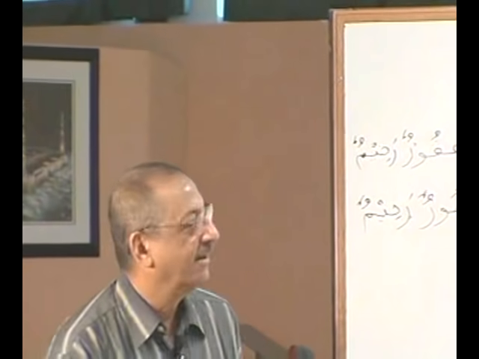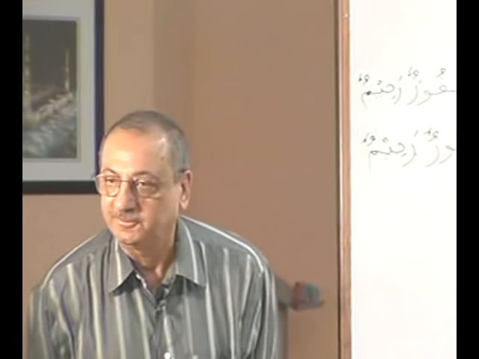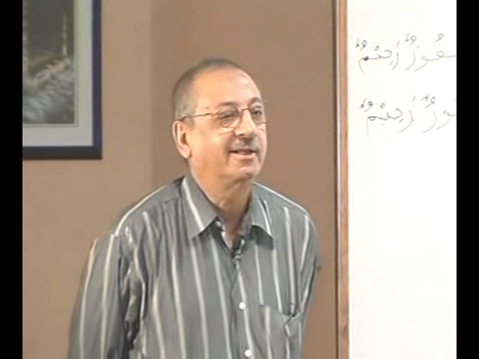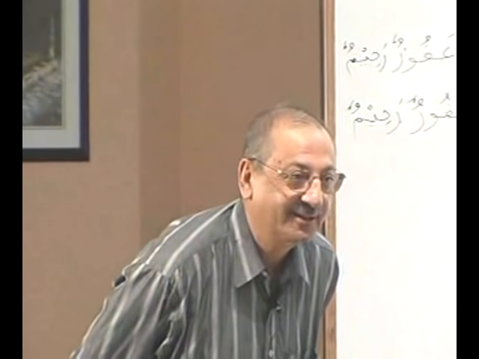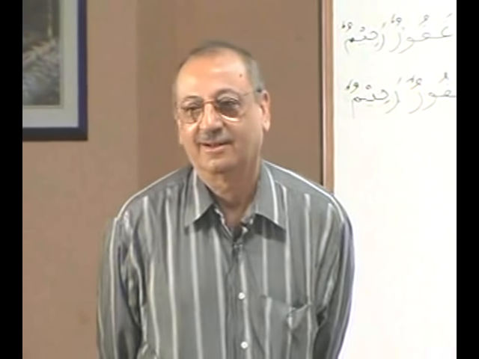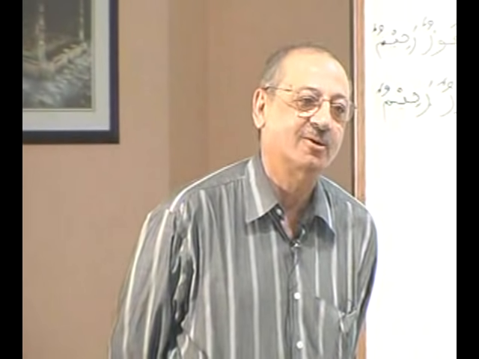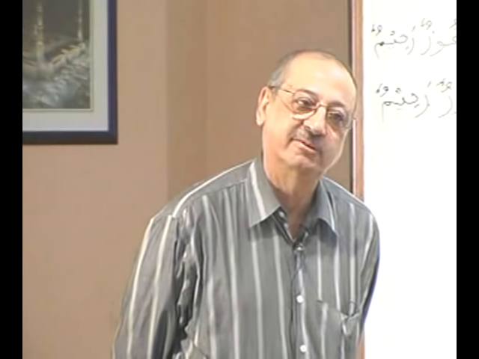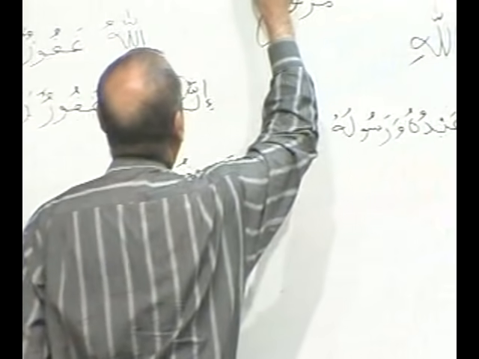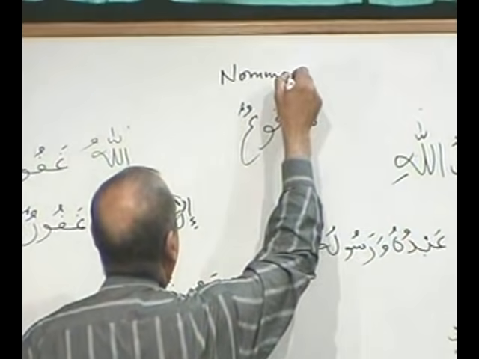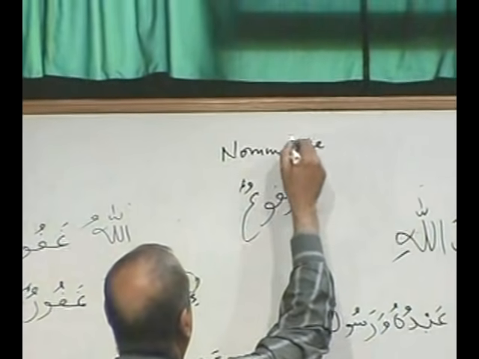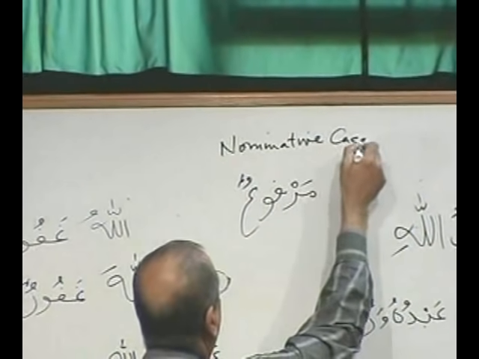Okay? What do you call it in English? You will call it the nominative case. Brother, if you are comfortable, we will use some English terms, but later on you will be most comfortable with Arabic terms. Marfu is nominative case. Okay?